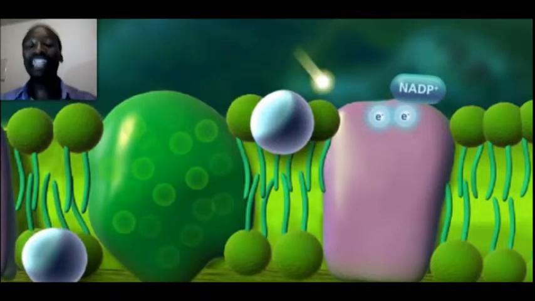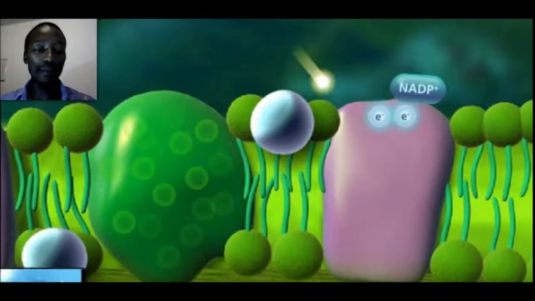Now this second agent is different from the previous agent. This agent has a rather different purpose. This agent is our NADP reductase.